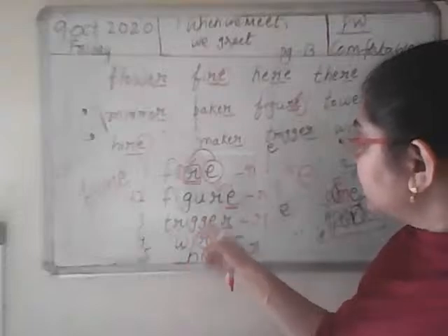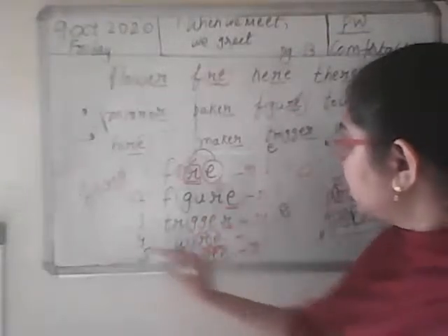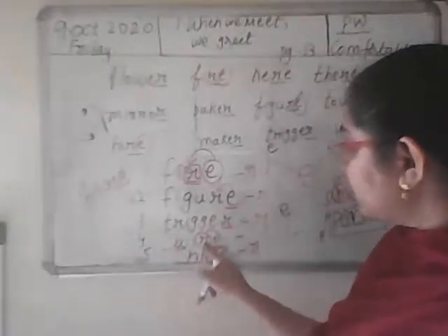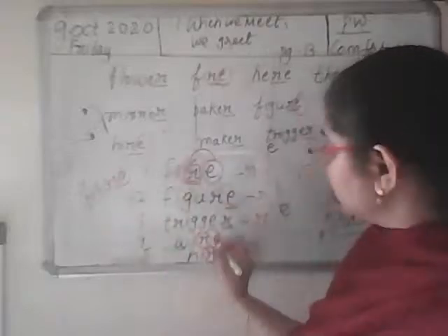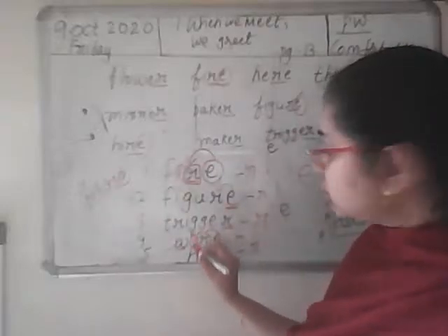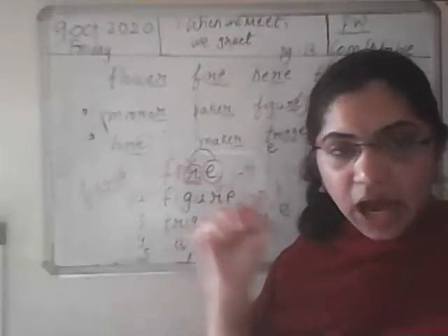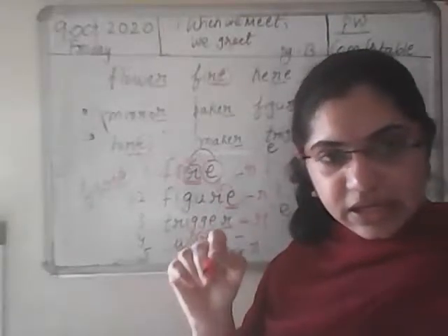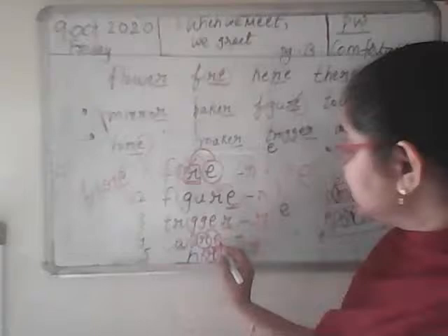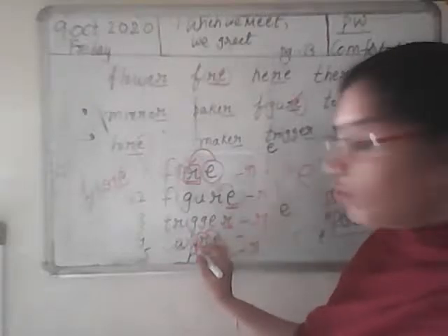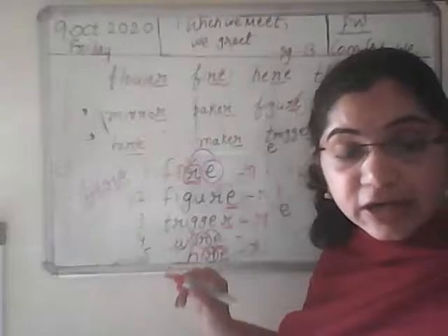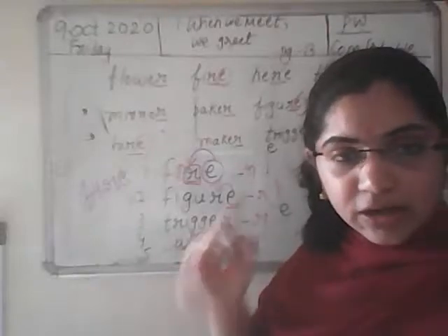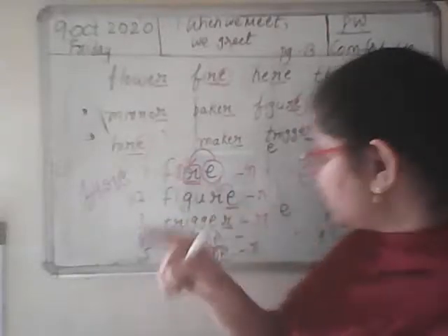Then, trigger, come to wire. When E came, the short vowel sound of I is E, so I should be pronounced as E. But because E is there in the group, the sound of I has changed. It means wire, I, wire.